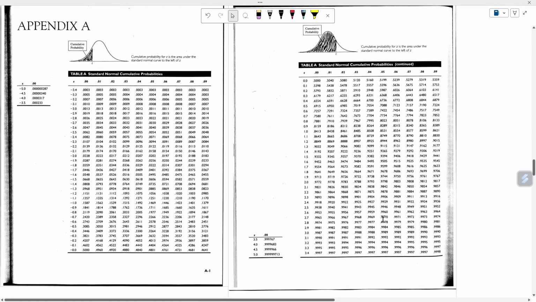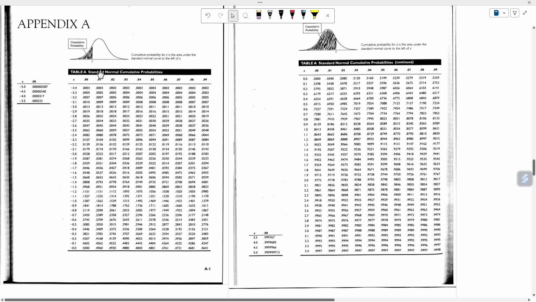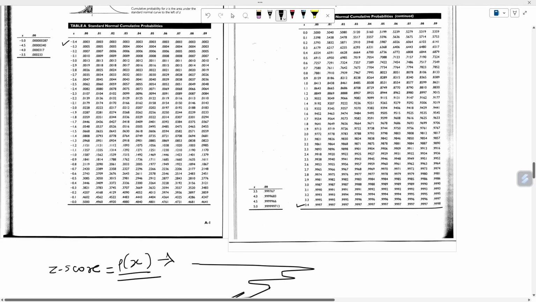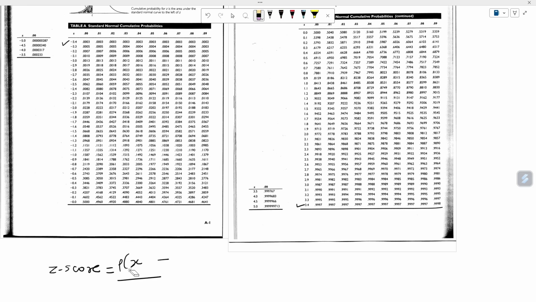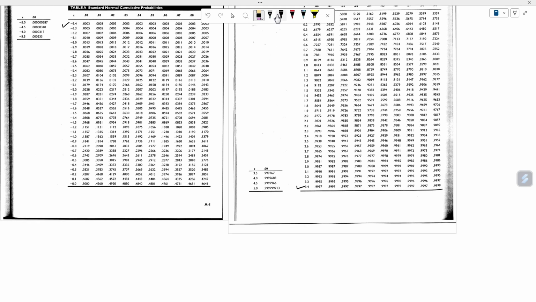So this is our standard normal cumulative probabilities, alright, which is given in the diagram. Starts from -3.4 and ends on +3.4. So let's understand what are these and how to identify the z-score and how to identify the probability with the help of a z-score.